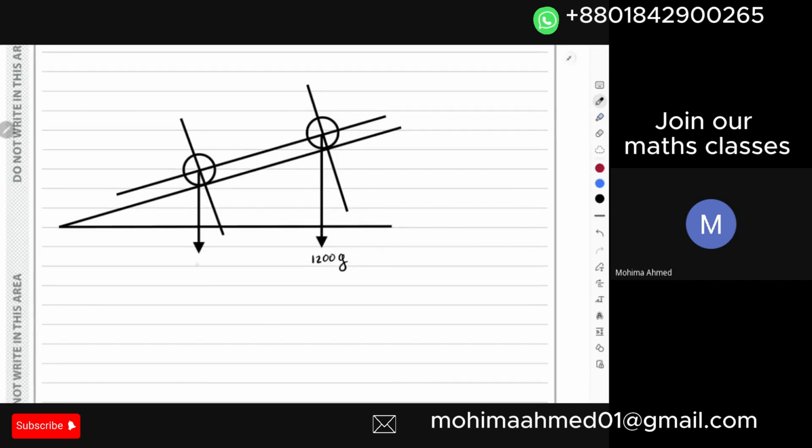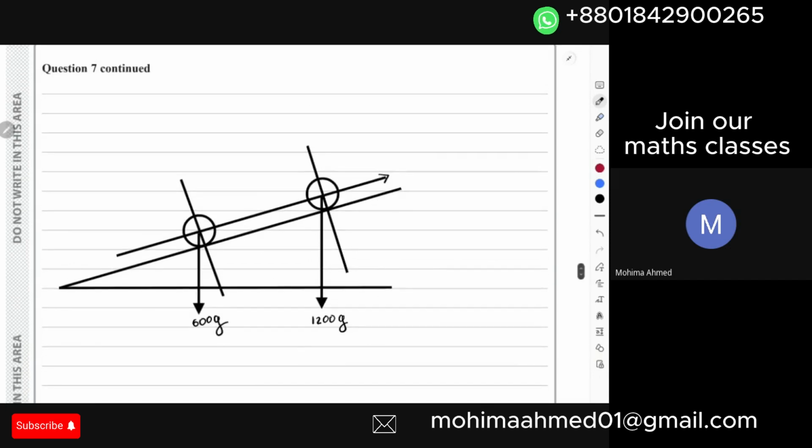1200 G, 600 G. The car was moving with a forward force of 3000 and there's a resistive force acting on the car, 2R, right? Not only 2R, you have to understand if the car is moving forward, this trailer and the tow bar are actually holding back the car from moving forward, right? So in the resistive direction, you also have this tension. And then why is the trailer moving forward?